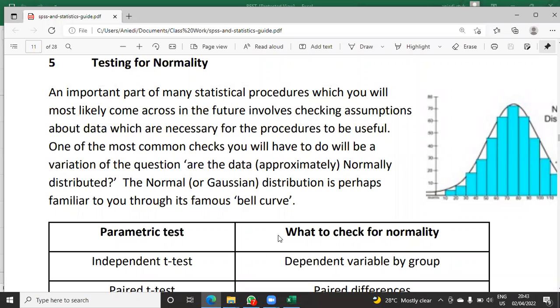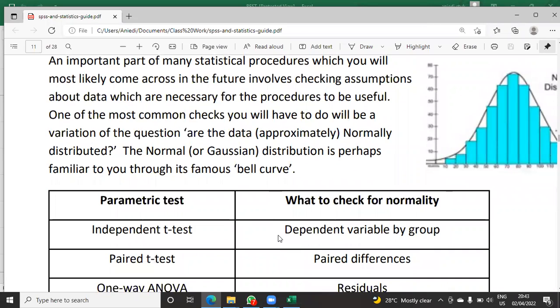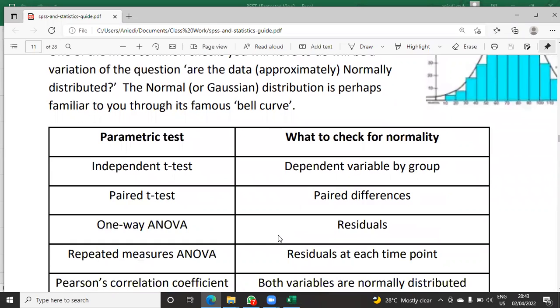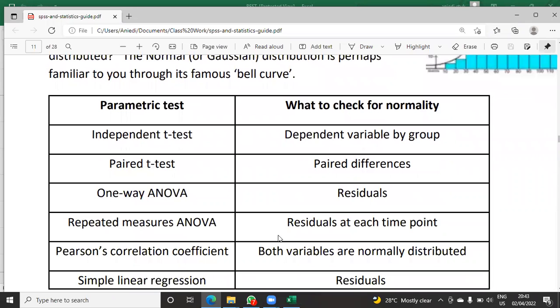They have the independent t-test, the paired t-test, the one way ANOVA, repeated measures, and these are parametric tests. The independent t-test tests only a particular variable.